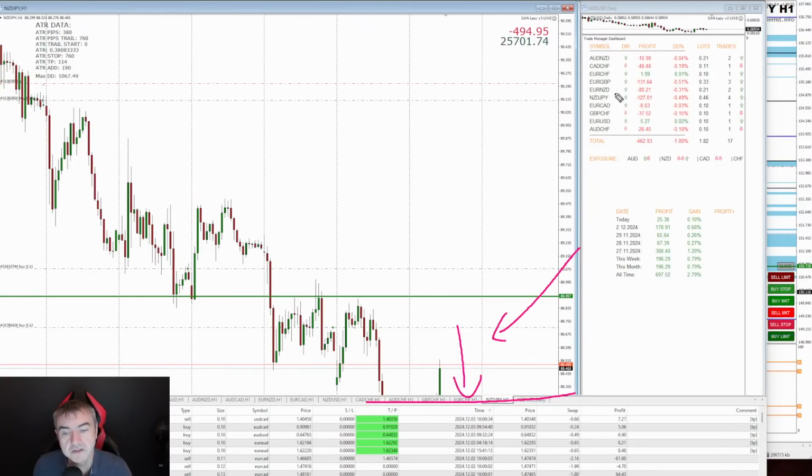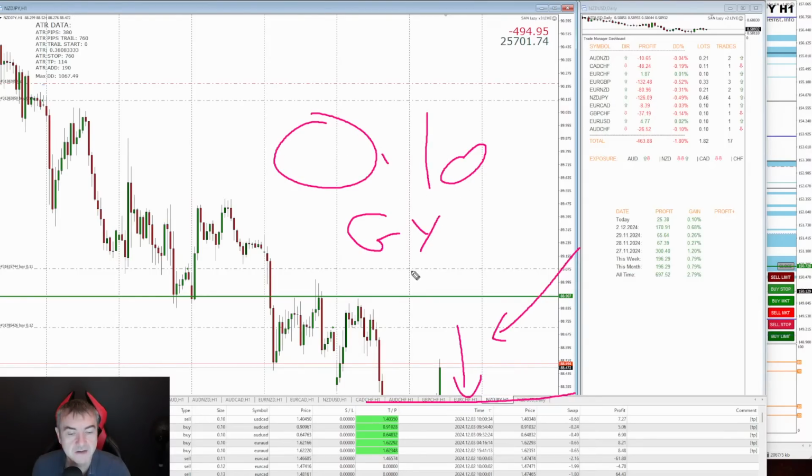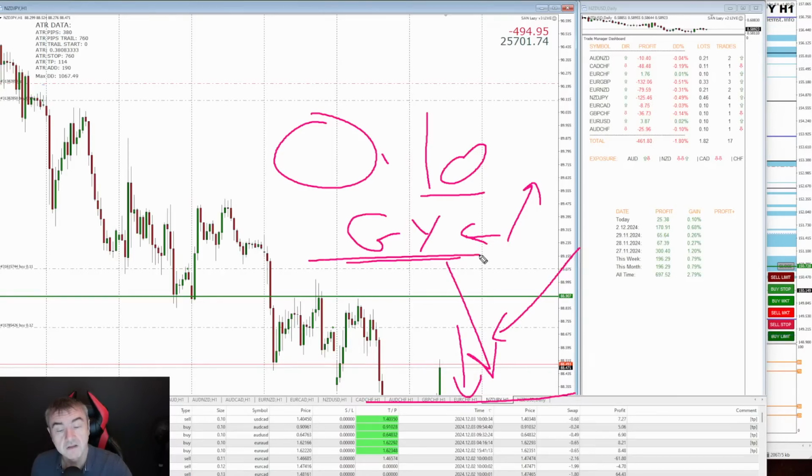The danger with running a fixed lot size is, let's say the pound yen is the one where a 0.1 is worth 3 times more risk and 3 times more reward than something else. If that is the one that gets the drawdown, you're taking 3 times the loss where you don't need to. You should be taking the same loss on everything and the same reward on everything to make everything consistent.